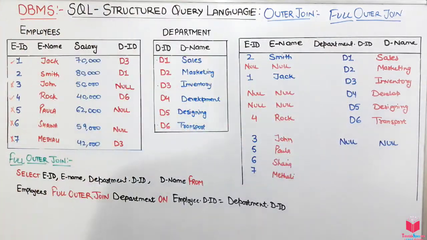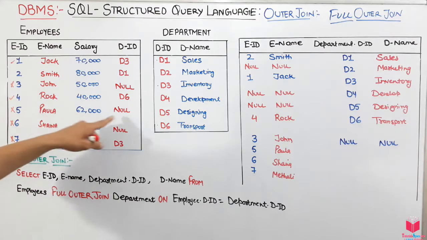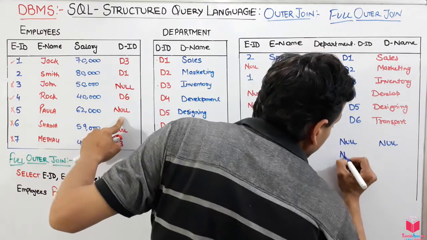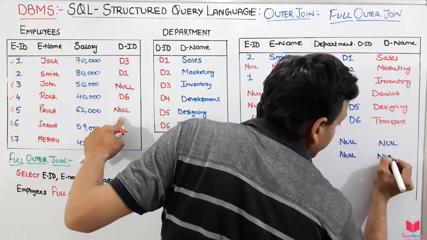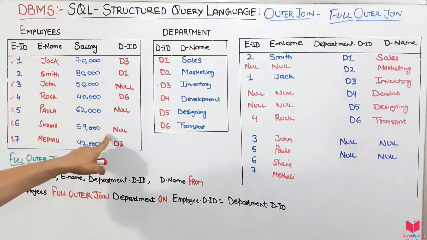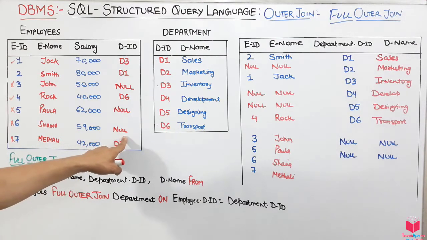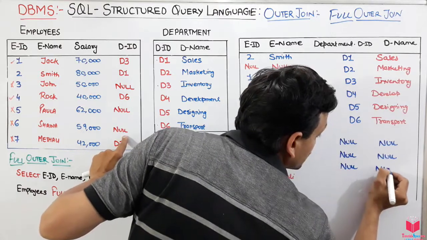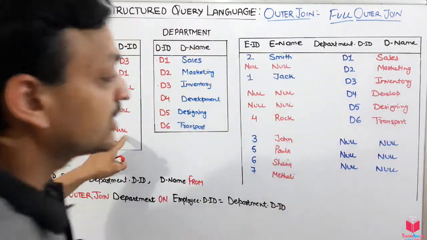After that, Paula, fifth. Her department ID is null, again null, null. After that, the sixth, Shaina. Her department ID is null again, so we have to take null here because no corresponding value is there.